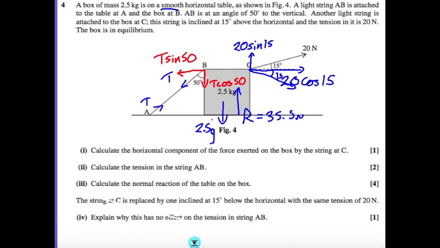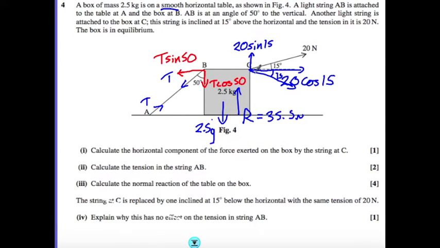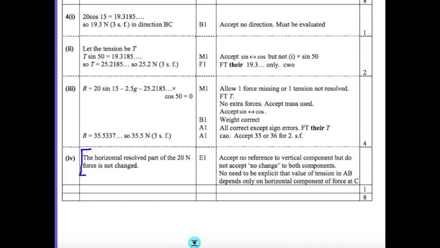So how do we explain that in an exam? Essentially, all you need to say is that they don't really care about the vertical part. The horizontal resolved part is not changed, so this 20 cos 15 stays the same. So it's accept no reference to vertical component, do accept no change to both components. So you don't need to worry about the vertical.